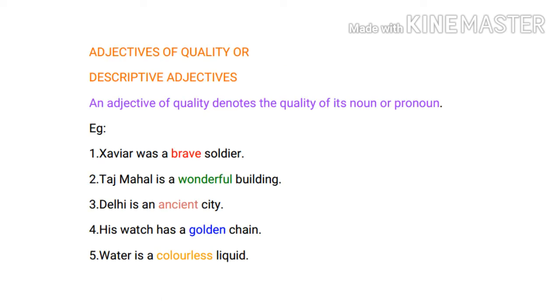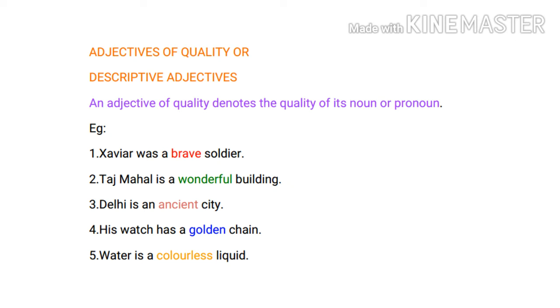Adjectives of quality or descriptive adjectives. As the name suggests, an adjective of quality or descriptive adjective denotes the quality of its noun or pronoun. Look at these examples. Xavier is a brave soldier. Taj Mahal is a wonderful building.